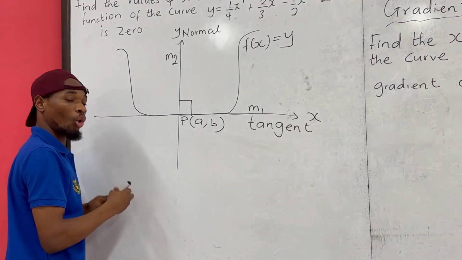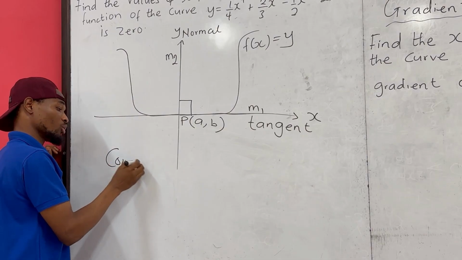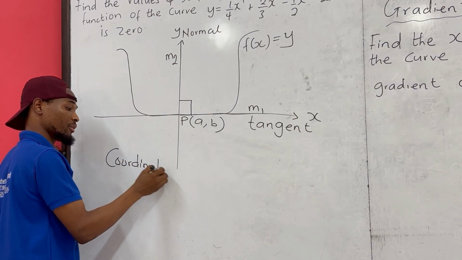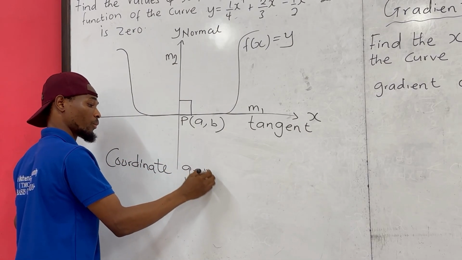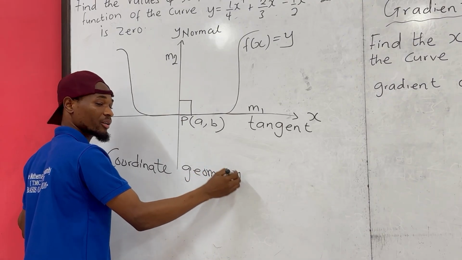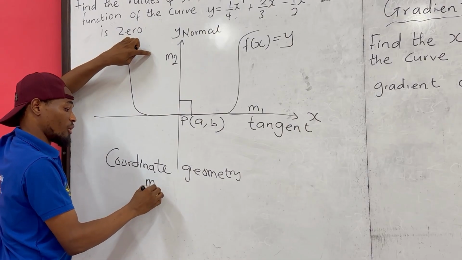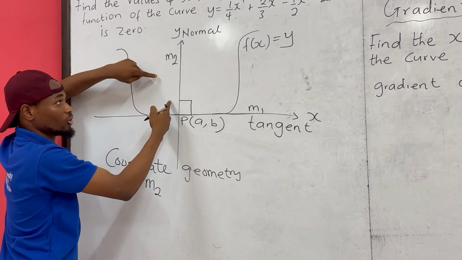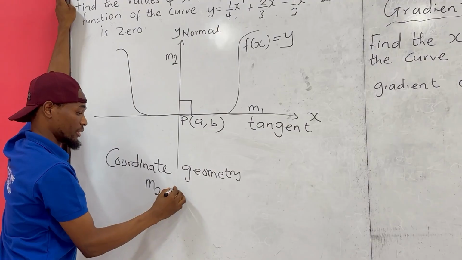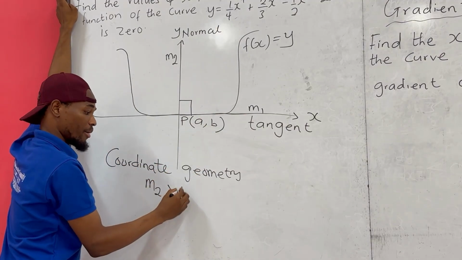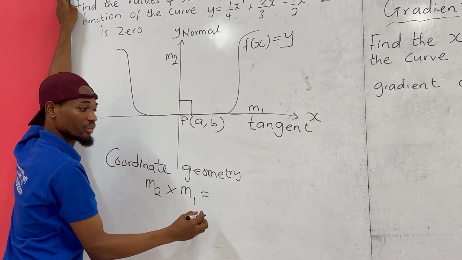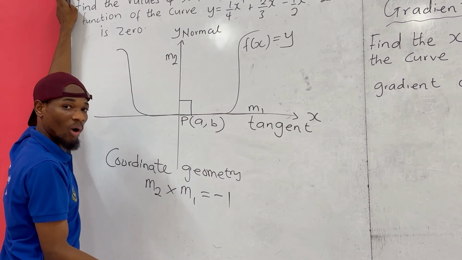From coordinate geometry, when I multiply the gradients, m2 times m1, it should give me -1.